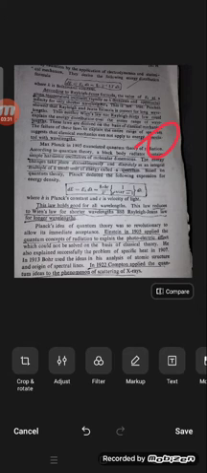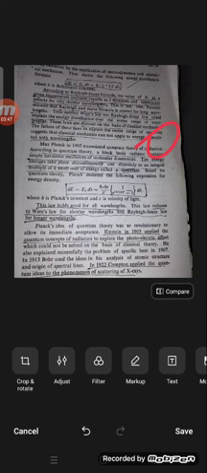Planck's law is valid for all types of wavelengths, whether short or long.